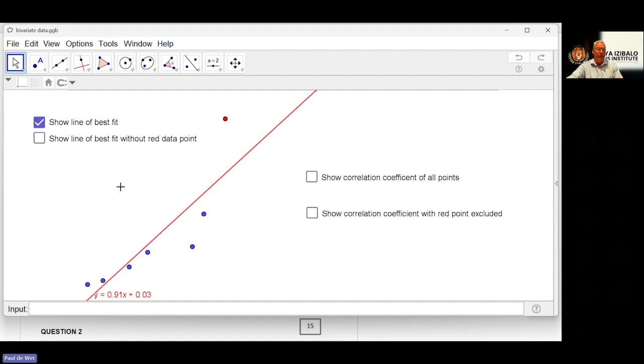In other words, this line of best fit is using that red point. Let's have a guess here. Be careful, because although the blue ones look really nice, the red one is actually spoiling it. Who can tell me what the correlation coefficient will be if I use all those points? It's hard to guess, but anyone want to guess? Put your hand up.